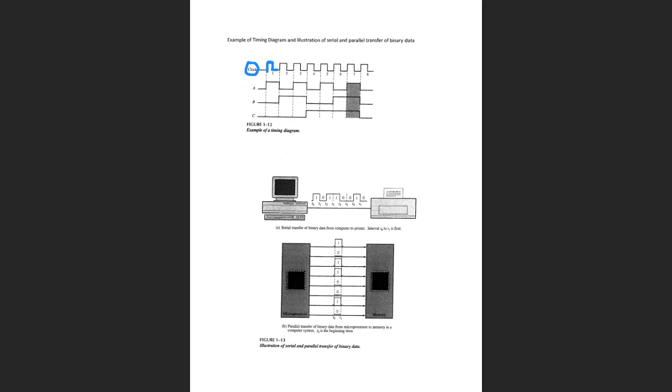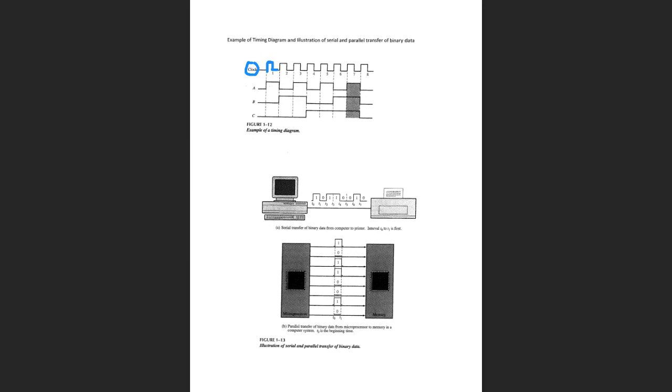So this is a periodic waveform, and what we said about periodic waveforms is that all of them have 2 characteristics we can talk about. They have what we call period. The period is how much time does it take for it to repeat? That's the period. And then the other one is frequency.